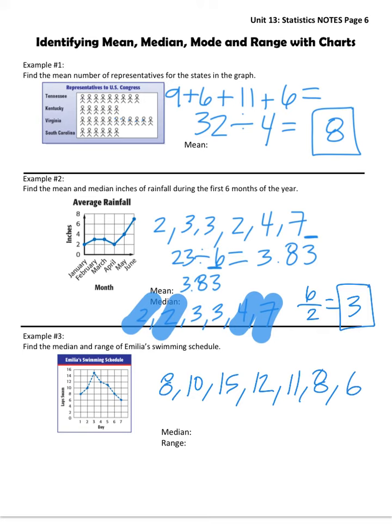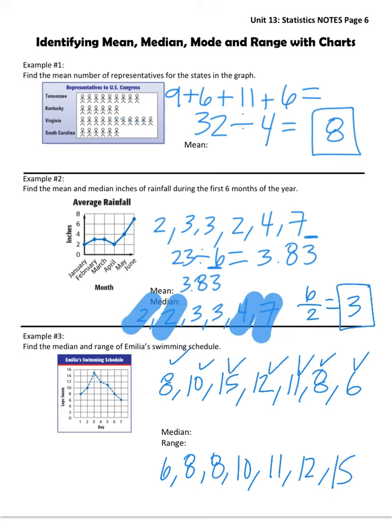Okay, I'll put them in order from least to greatest to do the range. So we have 6, 8, 8, 10, 11, 12, 15. There should be 7 numbers there for the days.